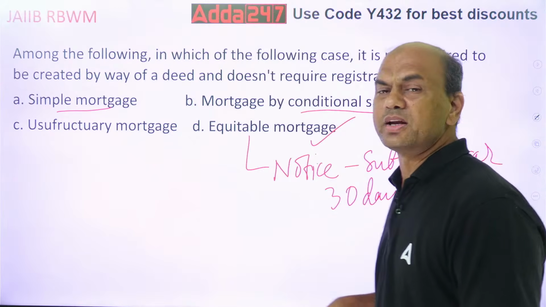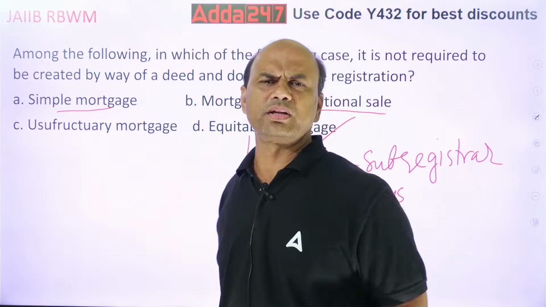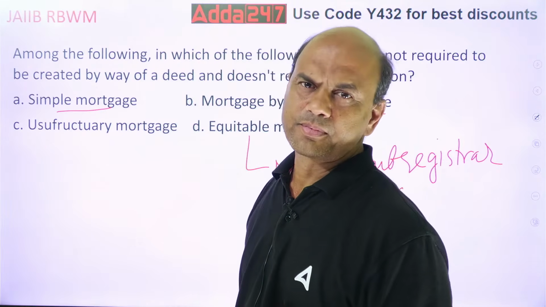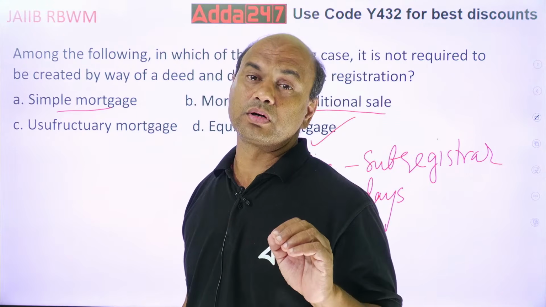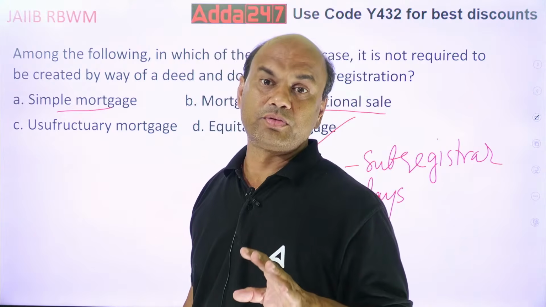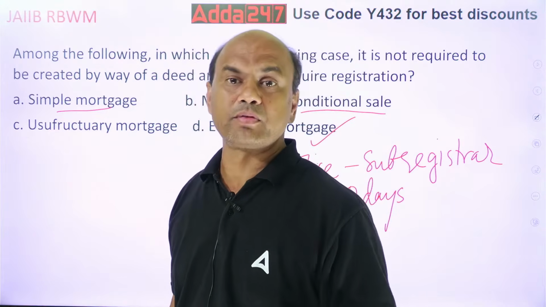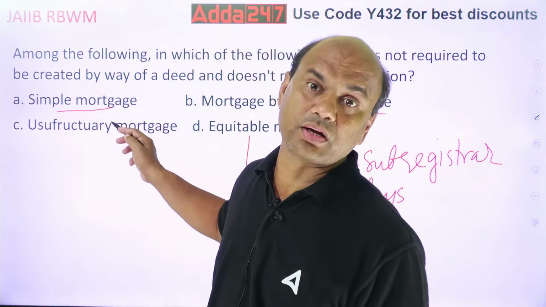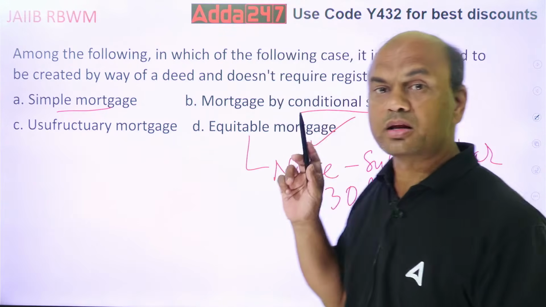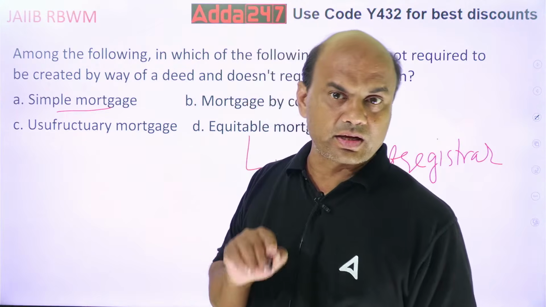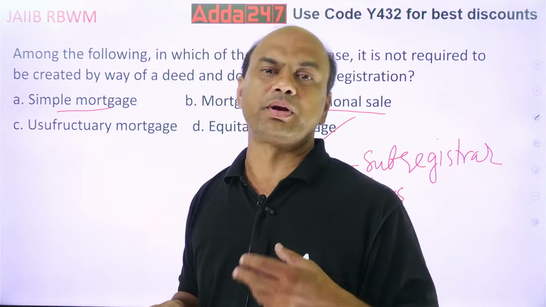So what is the difference between simple mortgage, mortgage by conditional sale, and usufructuary? In simple mortgage, you have to get the court's intervention if you have to sell the property. If you are a bank and you want to sell the property of that customer, you have to get the court's order. Conditional sale means you cannot get the income from that property.